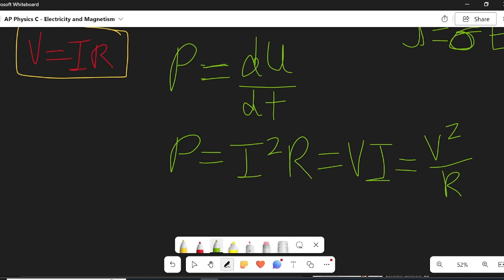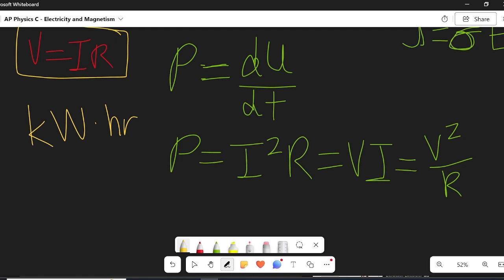Another thing is that typically we will look at things like kilowatt hours, which is kW times hour. These are the units that, if you look at a machine at home, they'll typically use.